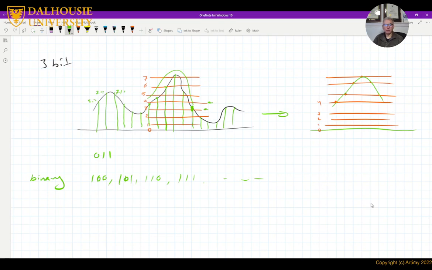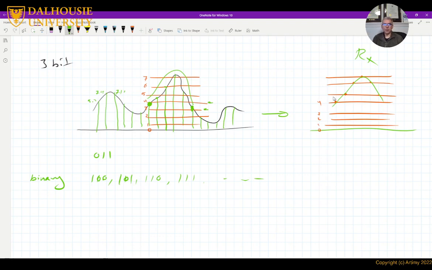Now you notice one thing here, or two, is that I couldn't exactly send the actual level of the signal. I approximated it to the nearest quantization level. This means that I introduced an error. So the receiver, right, it doesn't know what the actual level was. It's lost.